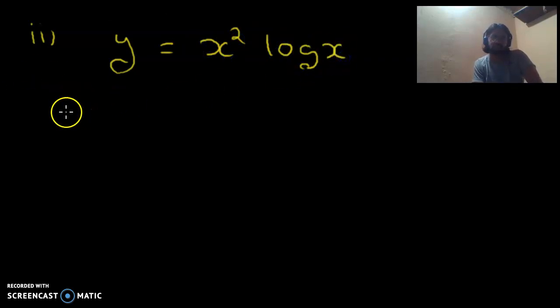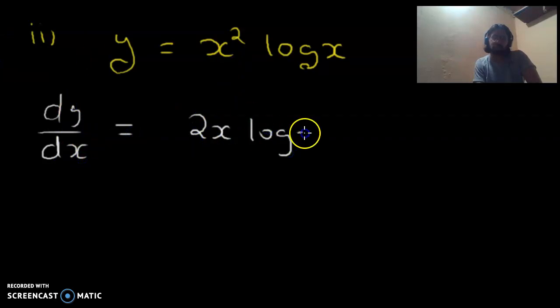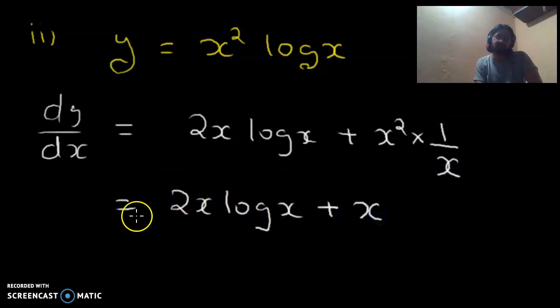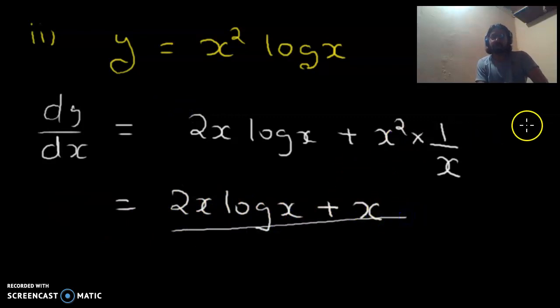So what would be the answer, dy over dx? The first function is x square, so 2x log x. Then put x square like this and differentiate the second function log x. So the answer is 2x log x plus x. Okay, so this is the answer.